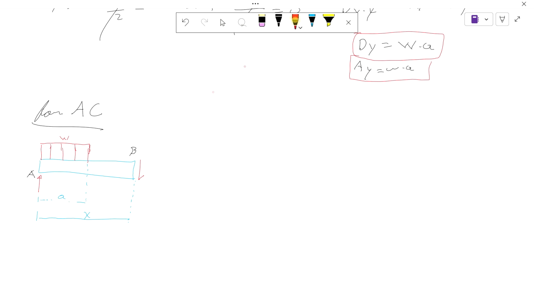All right, so we have to find V. We already have AY. So for that, let's do summation of forces in y equals 0. Going up is positive again. So we have AY, which we know, minus W times A. It's just forces, no moments.